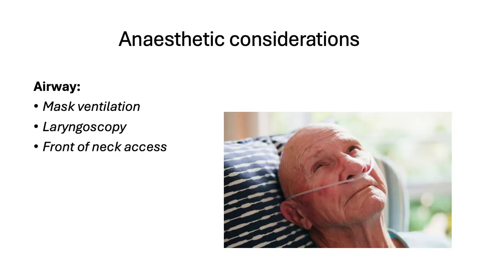Another thing with elderly patients, I did mention that they might have obstruction. Some of them may develop OSA. Another important thing related to obstruction is that the muscles of the airway, especially the muscles involved in upper airway dilation, can get affected. They can reduce in size, and as a result that can cause issues with ventilation. I think it's the glossal muscle, if I'm not wrong, that's affected.